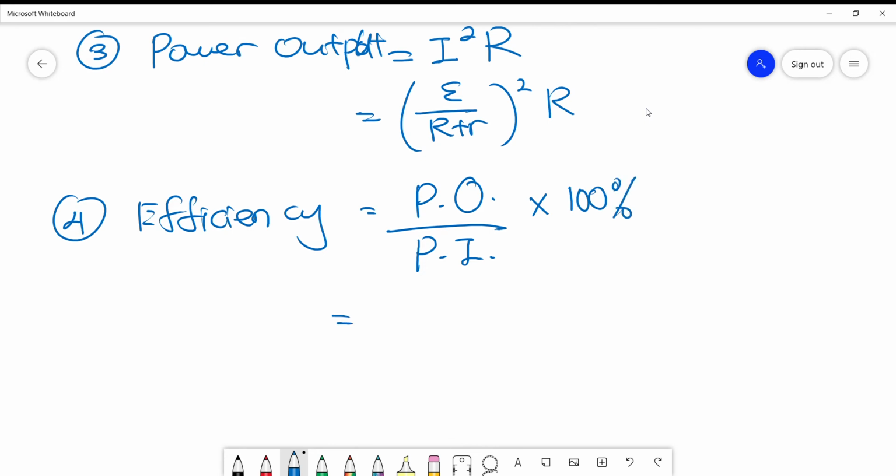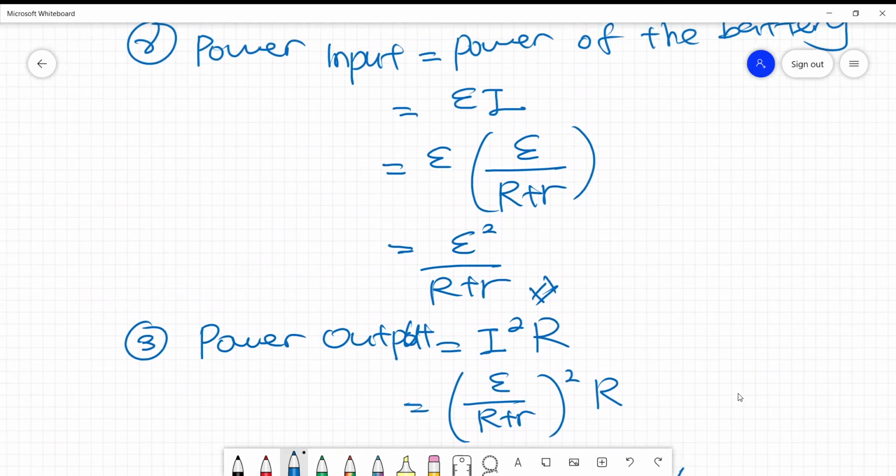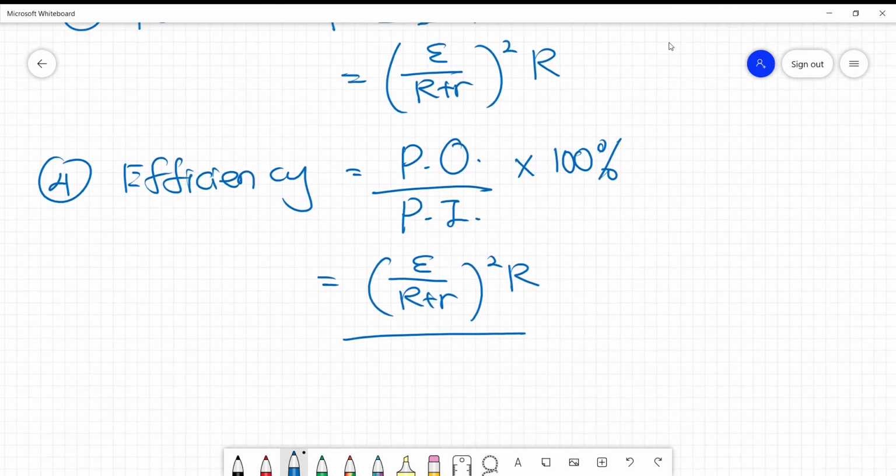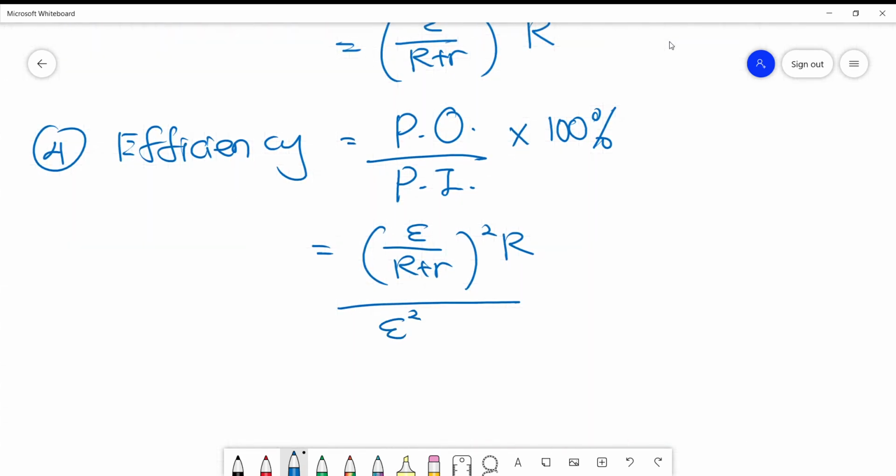My power output is E divided by R plus r, squared, times R, divided by the power input, which is E squared over R plus r, and this is 100% of course.